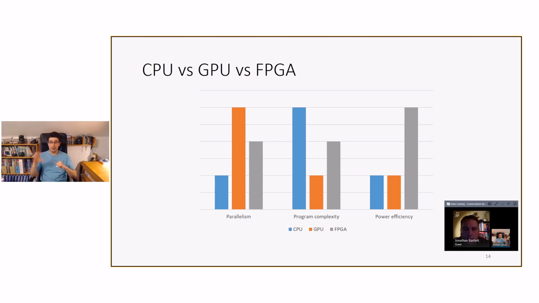Now, lastly, let's talk about power efficiency. So, how many things can these devices compute with 1 watt of power? The chart on the right. Well, CPUs and GPUs are roughly on the same level here, but FPGAs really shine. FPGAs are very power efficient devices. And the reason is that with an FPGA, you basically get an application specific processor. It will just do what you need it to do.